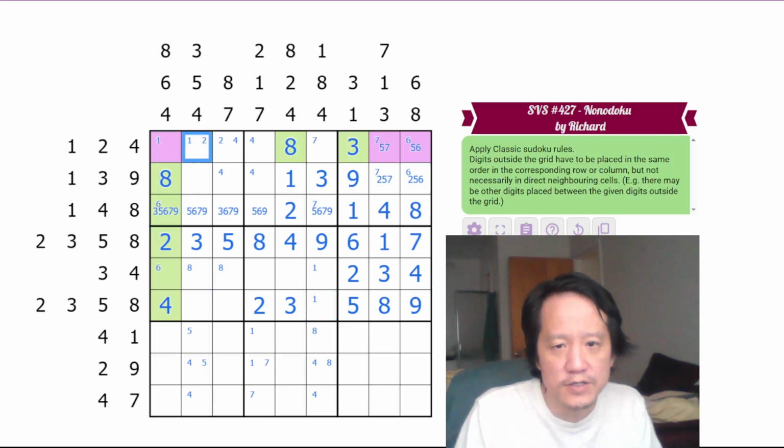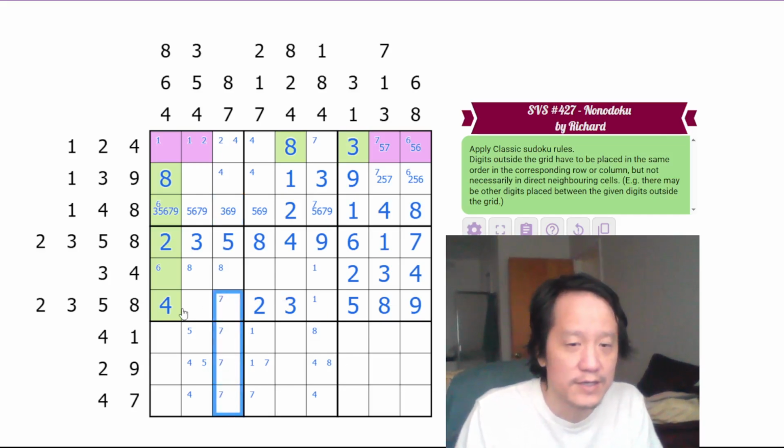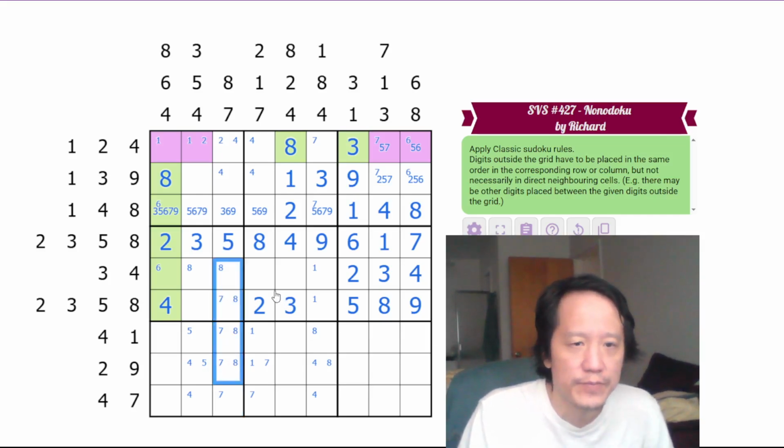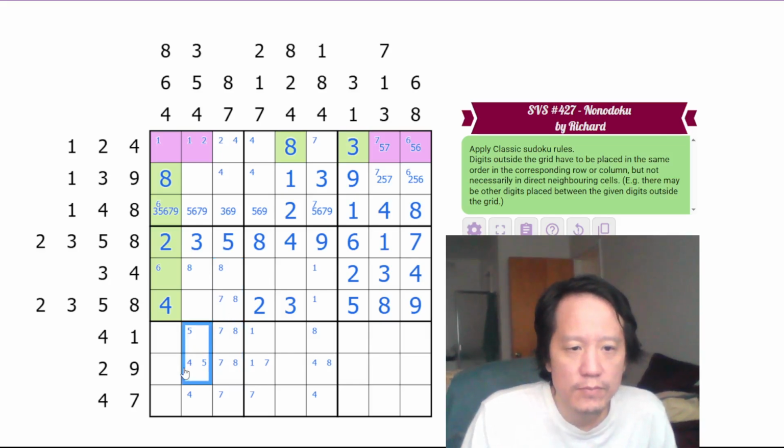So 3 is kind of done. 8 and 7. 8 cannot be here, so this cannot be 7. So 7 has to be one of these 4. 8 has to be one of these 4. 4 cannot be either of these 4 digits. 4 can't be here. 4 can't be here.